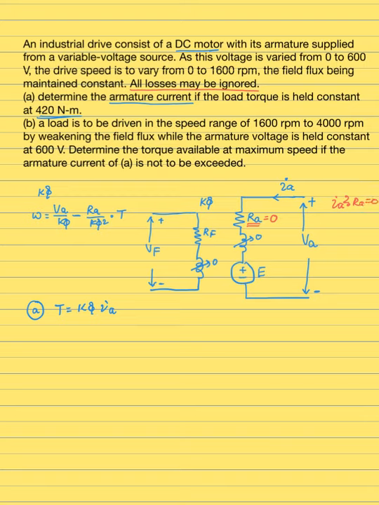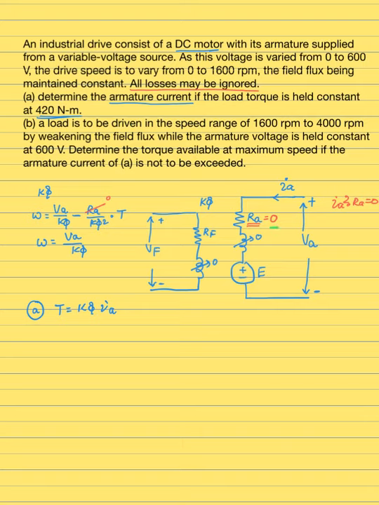So with RA being 0, this goes out of the picture, and what you end up having is omega equals VA over K phi.